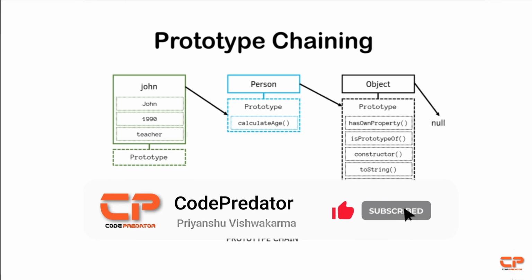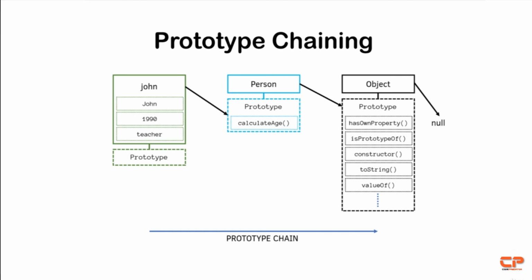It will try to search for that method inside the person's prototype, which is the prototype property of the JavaScript object. Now JavaScript tries to search for this method inside the object's prototype, and it finds it there. Similarly, if it can't find it inside the JavaScript object prototype, then it will try to search inside null, which will return undefined.